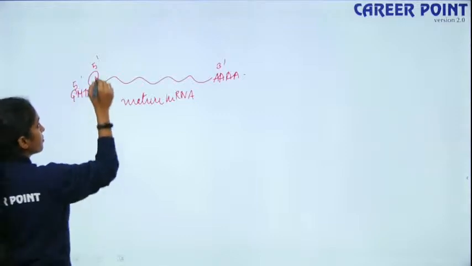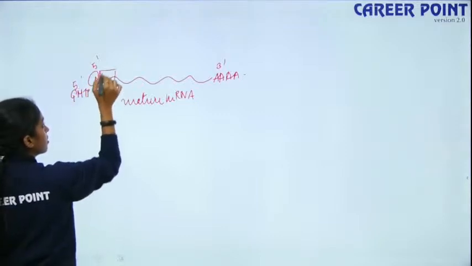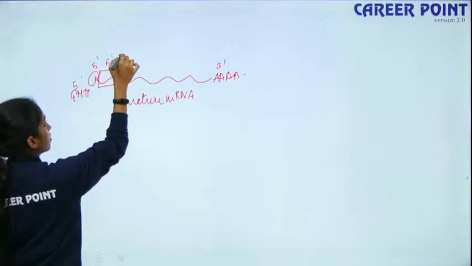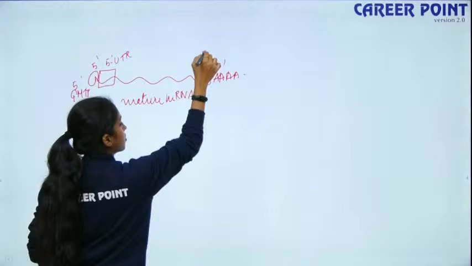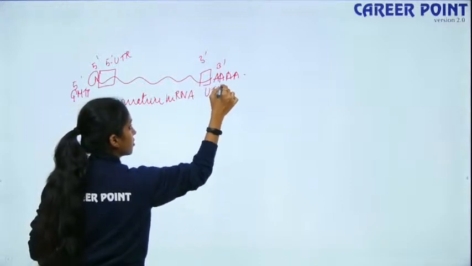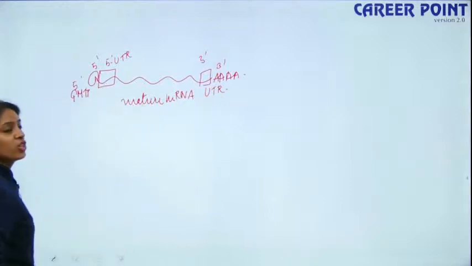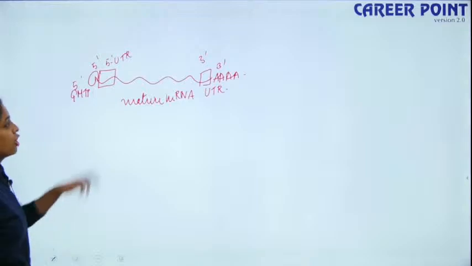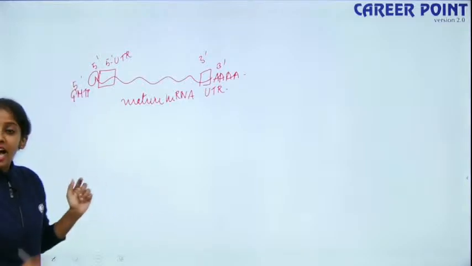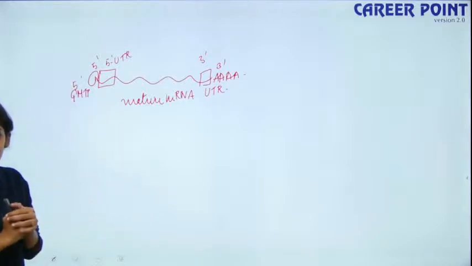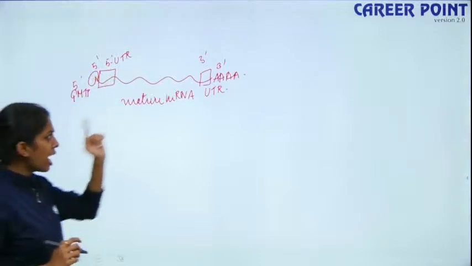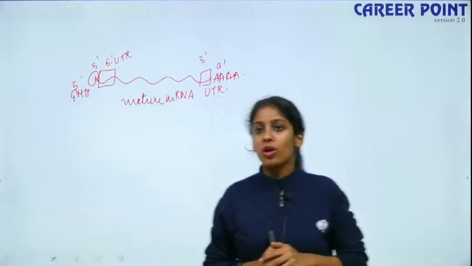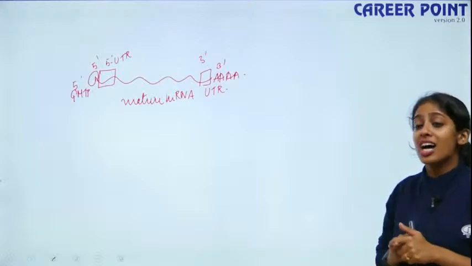Here I have something known as UTRs. So remember these UTRs, I will link it in translation process. Okay. So this is one term you should remember. I will tell you what are UTRs when we are talking about the process of translation.